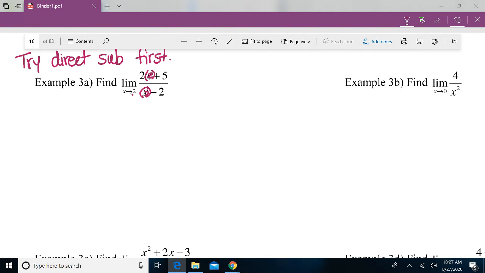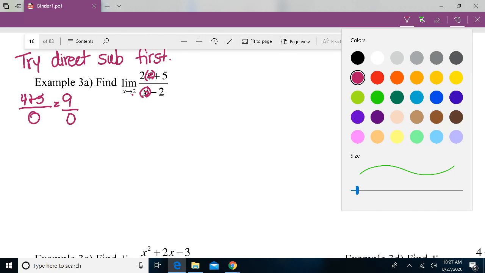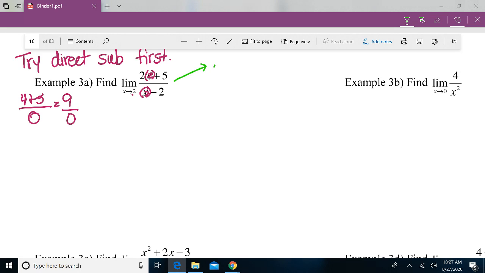So if I substitute in 2 for all the x's, I'm going to have 4 plus 5 over 2 minus 2, which is 0, and that's 9 over 0. So if I get a number over 0, I know that my overall answer is either going to be positive infinity, negative infinity, or it could be does not exist.